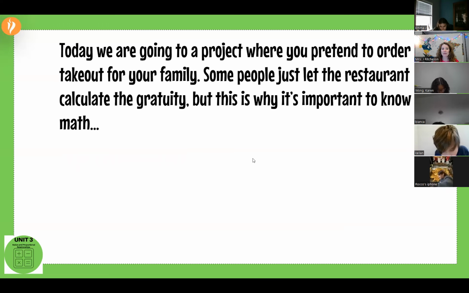Some people just let the restaurant calculate the gratuity, which means the tip, but this is why it's important to know math. I have had this done to me. Some restaurants give you a receipt that has the tip calculated on there for you. There have been 2 different restaurants where the tip is more than it's supposed to be.